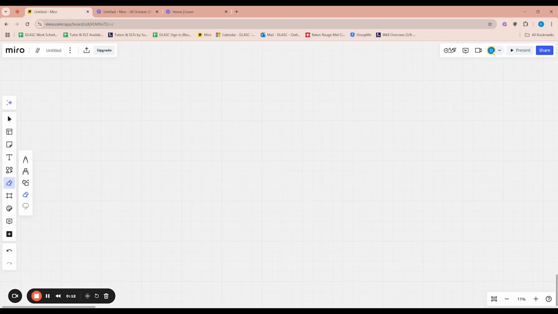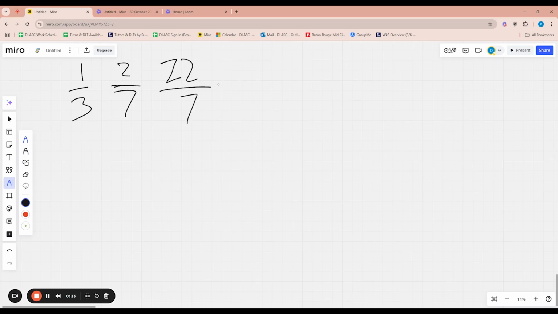Whenever you think of a rational expression, or the word rational in general, that's always going to have to do with fractions, right? So we have fractions like 1/3 or 2/7, or even famous ones like 22/7, which is an approximation of pi.